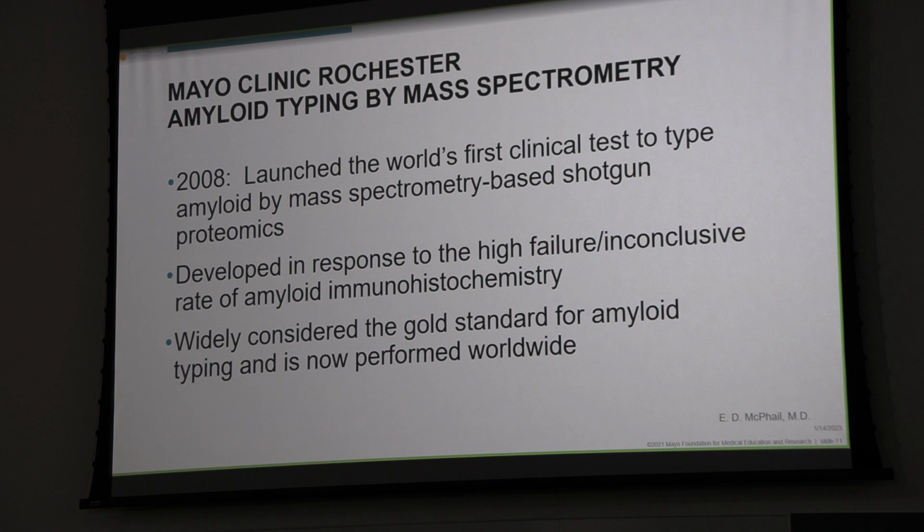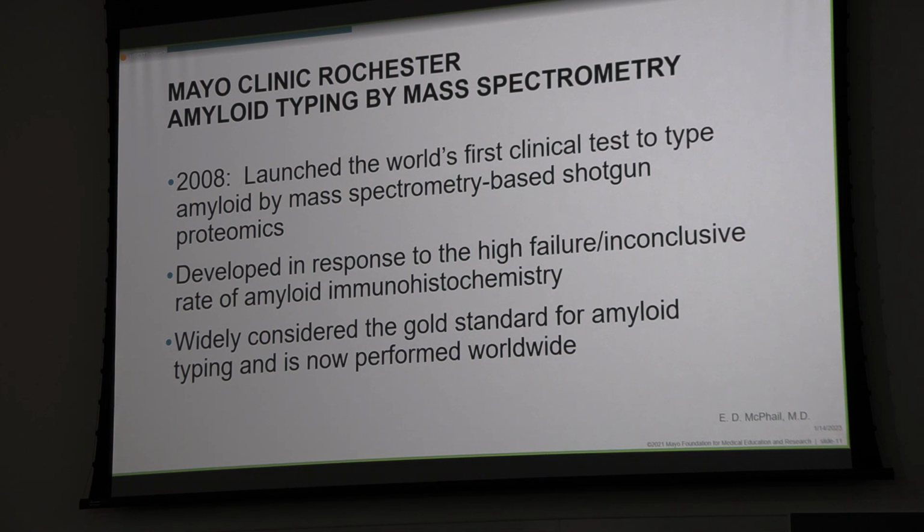This was the first test. We launched the world's first clinical test to type amyloid by mass spec based shotgun proteomics back in 2008. It was developed to solve this precise problem, and it's now considered the gold standard for amyloid typing, now performed worldwide.